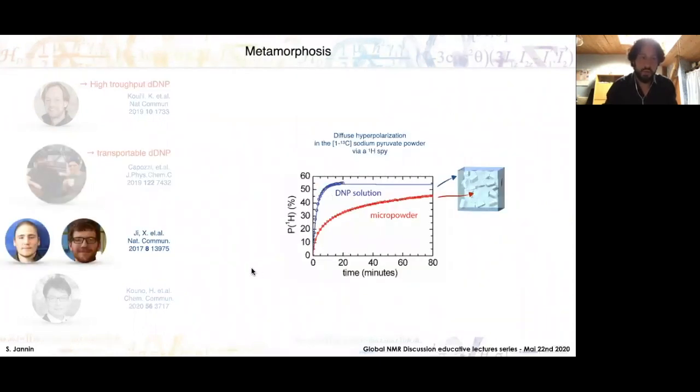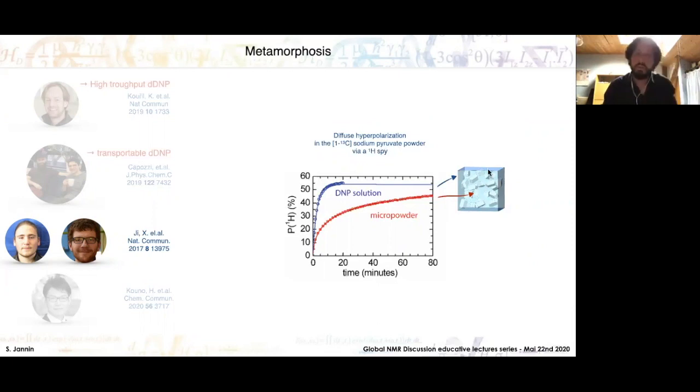In parallel, we had a very similar idea. We did not annihilate the radical, but we decided to put the radical in a different phase. In this experiment, instead of putting pyruvate in the solution, we made a micro powder of pyruvate, and we impregnated the molecules of interest with a known solvent that contains the radical.